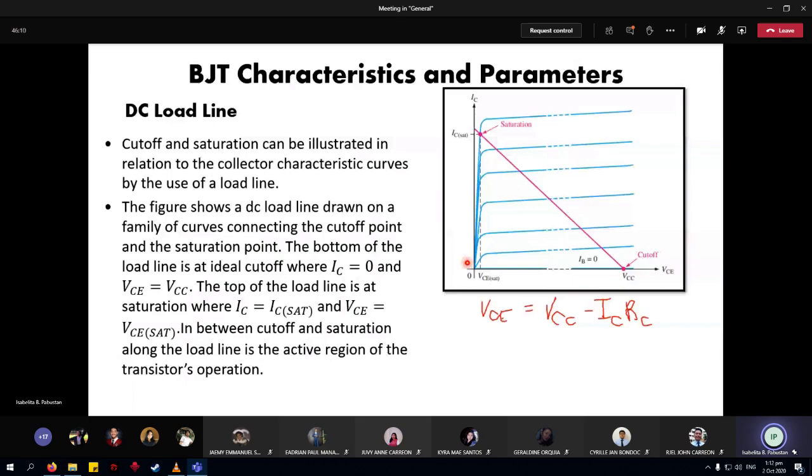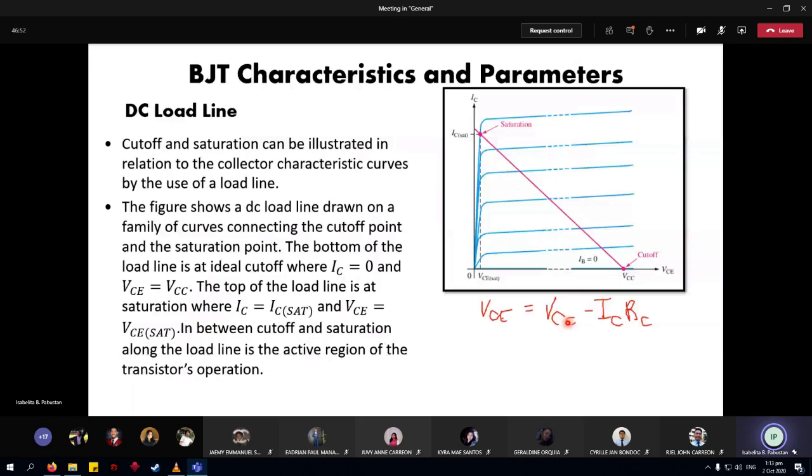You get the x-intercept when you set y, which is IC, equal to 0. Then VCE is equal to VCC, your supply voltage on the collector side. So the bottom of the load line is at ideal cutoff where IC equals 0, so that VCE equals VCC.